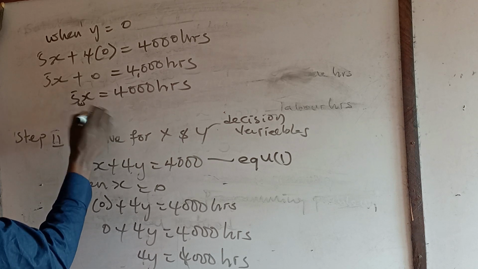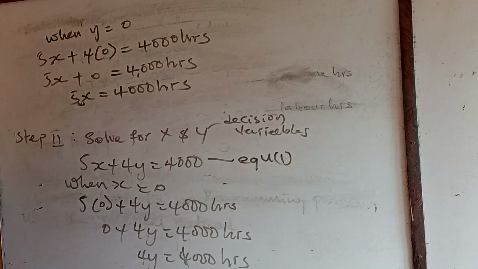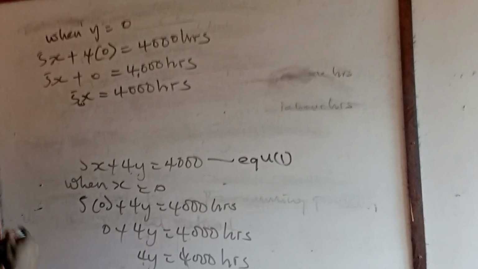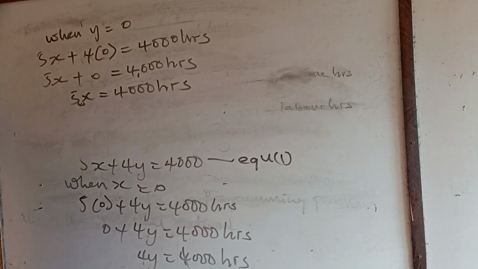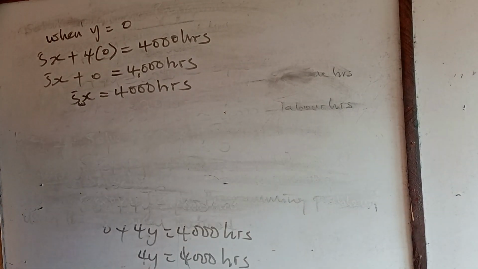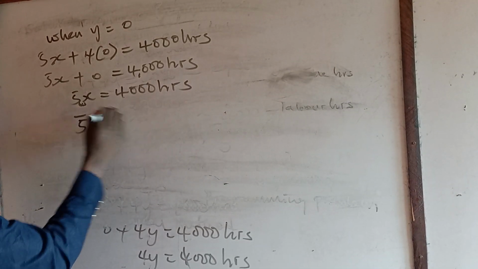What do we do? We divide both sides by 5.